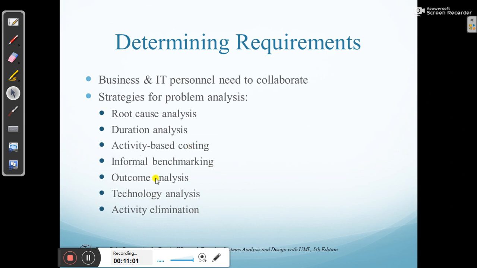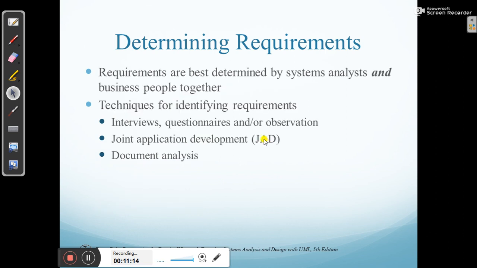So you need to find out and analyze those things while strategizing for, or determining, the requirements. Requirements are determined by system analysts and business people together. So try to focus on this point.